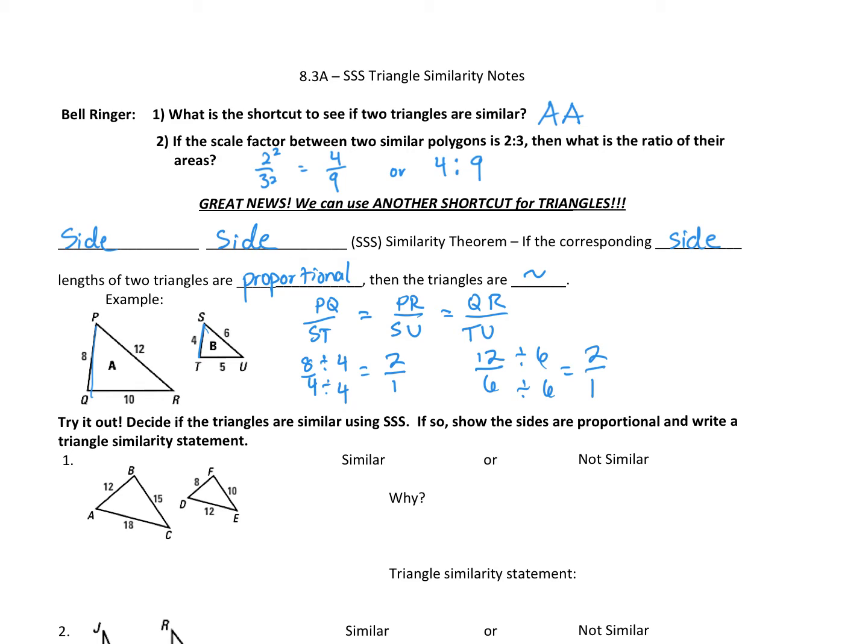And then just for good measure, QR and TU, this is 10 over 5. If I divide both by 5, I get 2 over 1. All the sides are proportional. Then definitely we can say triangle PQR is similar to triangle STU.